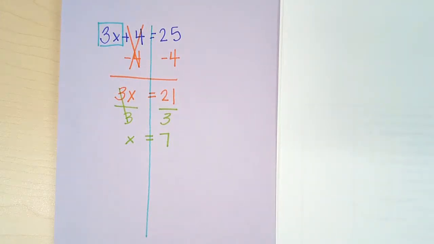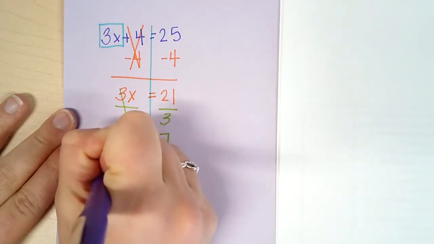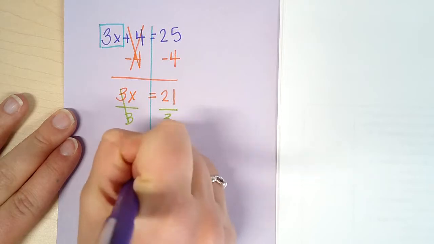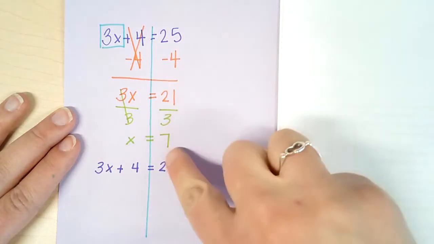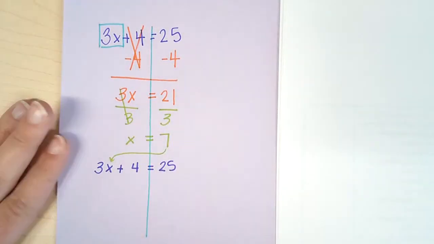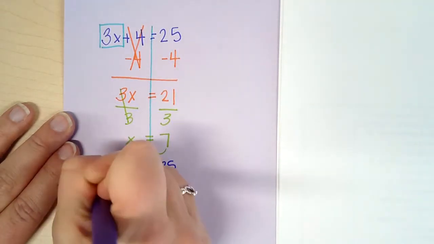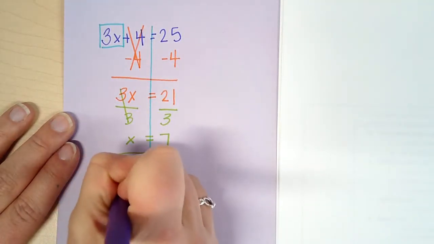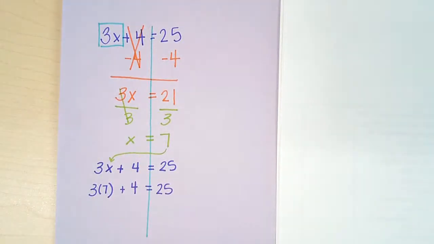Now, here's where you need to go back and plug that 7 in. My equation originally was 3x plus 4 equals 25. So now I need to take that 7 and substitute it in for x. So 3 times 7 plus 4 equals 25.